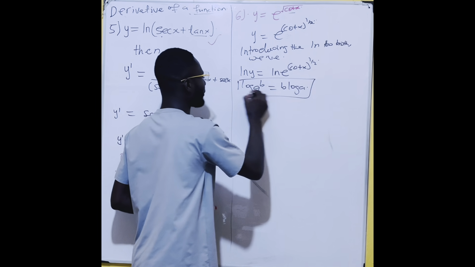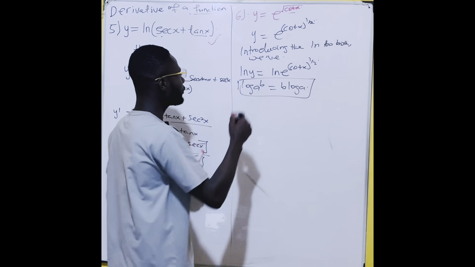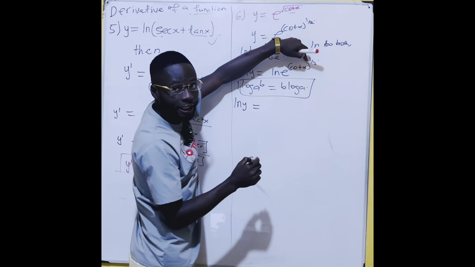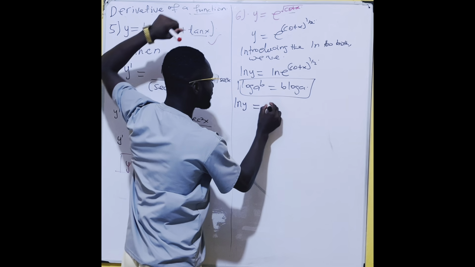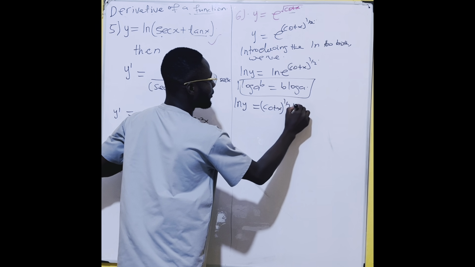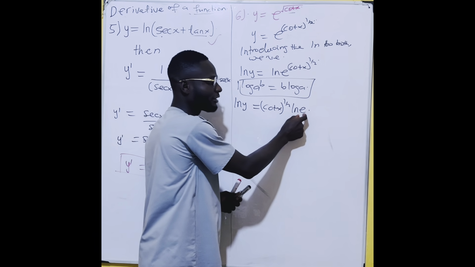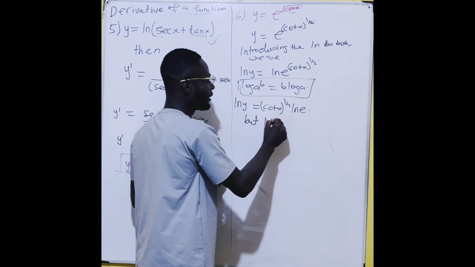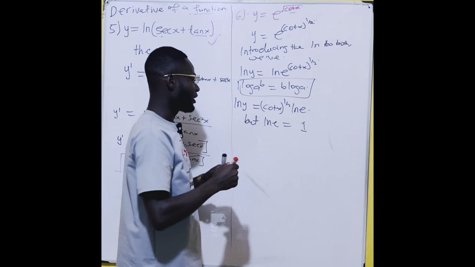So this is a property that we are going to apply here. So we have ln y equals, we drop the exponent, which is cot x exponent half, times ln e. But ln e is equal to 1. Recall that.